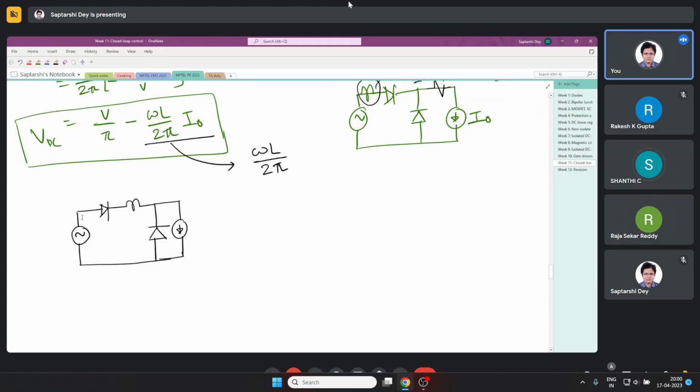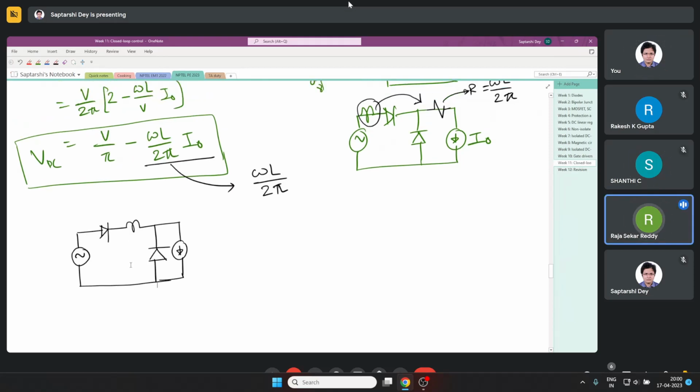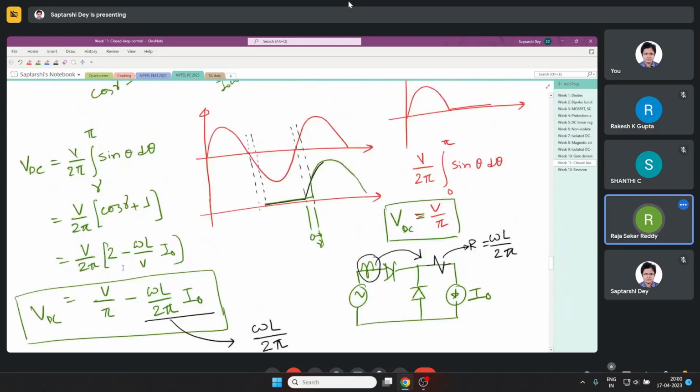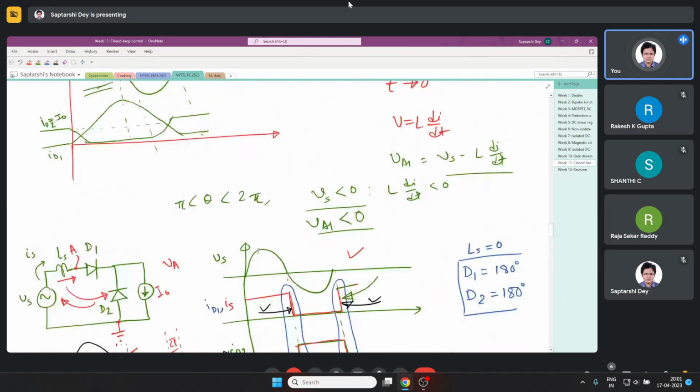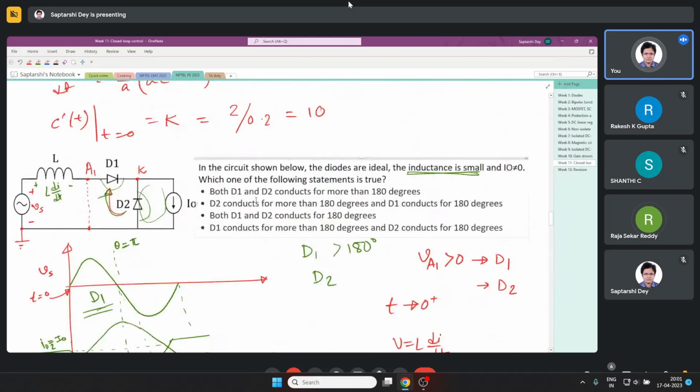Sir, why did we go for this VDC here? We have derived this thing. Can you repeat this again? I am just trying to find out the effect of source inductance on the output voltage. See, our original question was very simple: how long will D1 and D2 conduct? That we found much before.